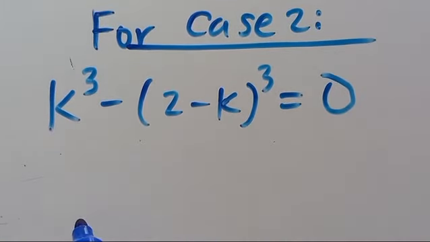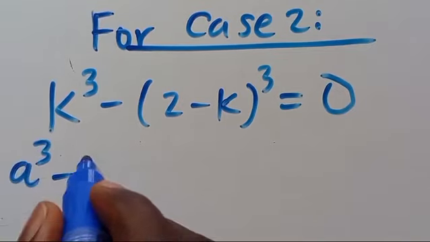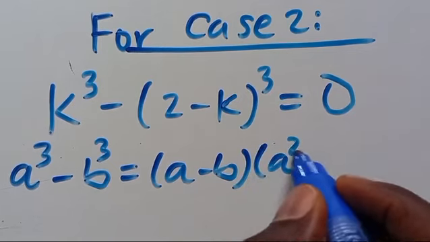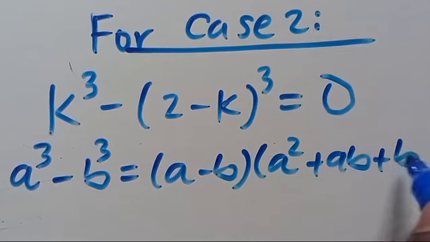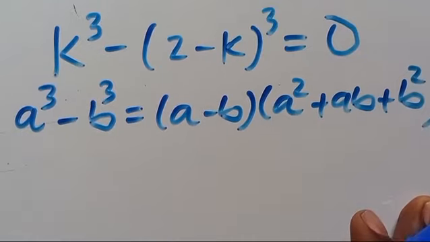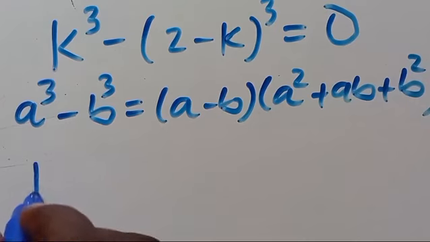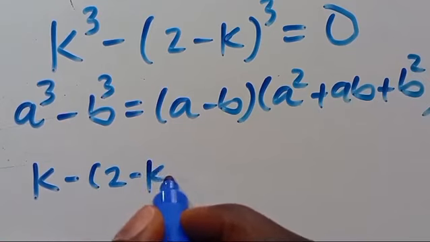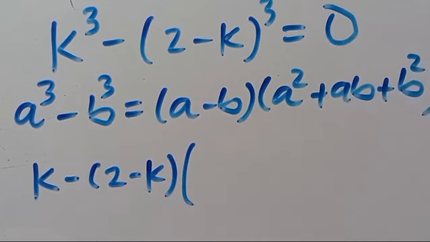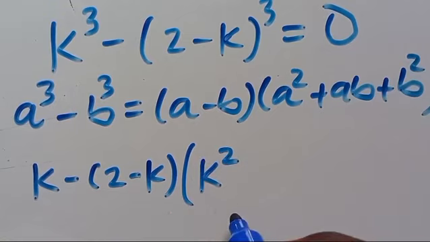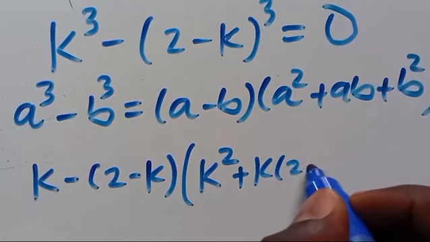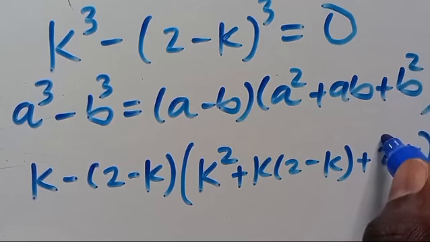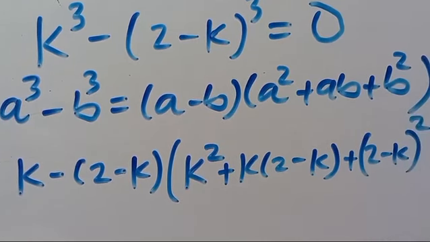So from here, when we have a to the power of 3 minus b to the power of 3, it equals a minus b, then multiplied by a² plus ab plus b². So we have k minus (2 minus k), then multiplied by k² plus k multiplied by (2 minus k), then plus (2 minus k) to the power of 2 equals 0.